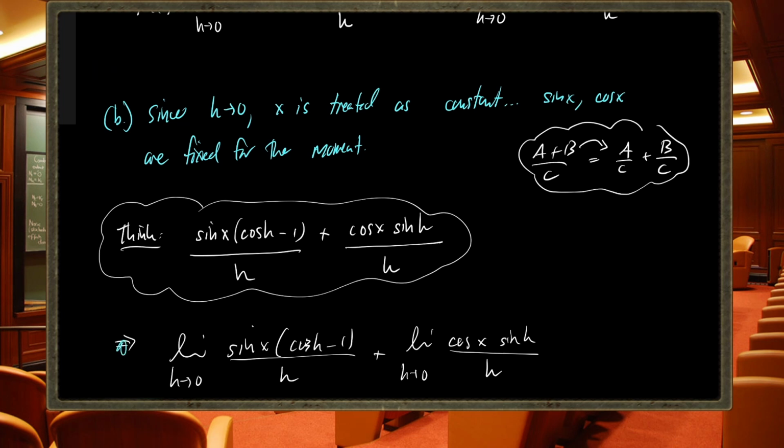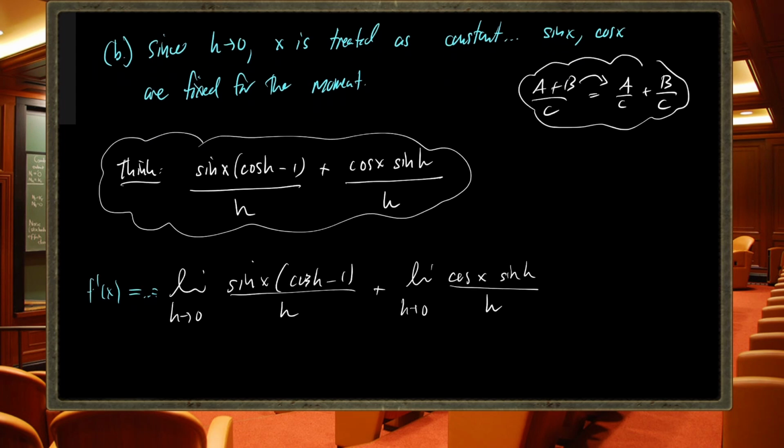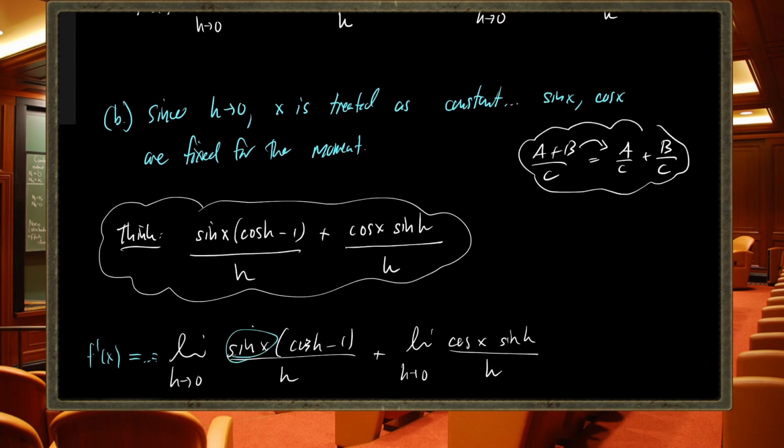So this is really f prime of x equals this through this chain of thought. And what I said before was that we can treat sine x and cos x as fixed. So I'm just going to grab this and move to the next slide so we get some more space.